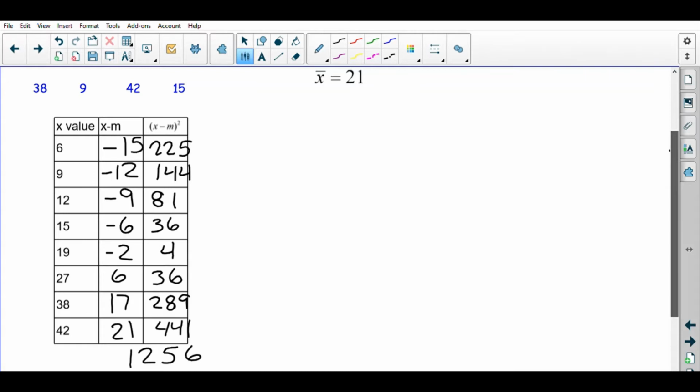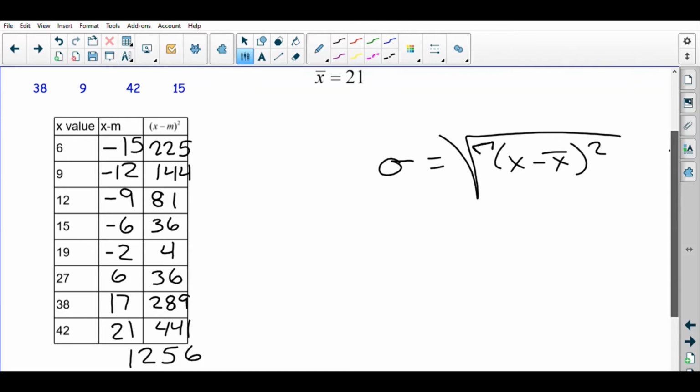Right now, if I write out our formula for standard deviation, I'll show you what part we're at. So we have taken each point, subtracted it from the average, and then squared it.